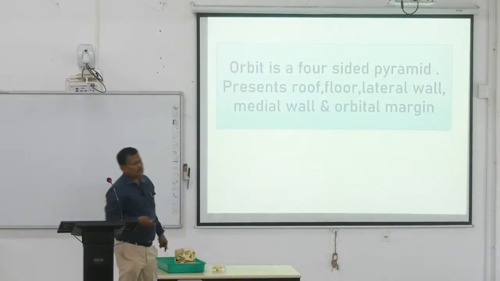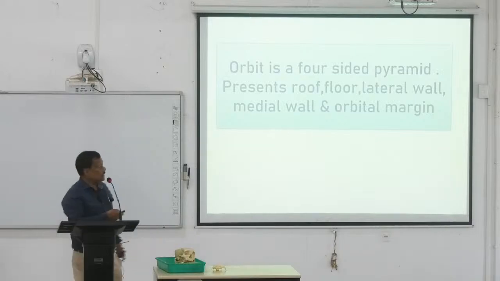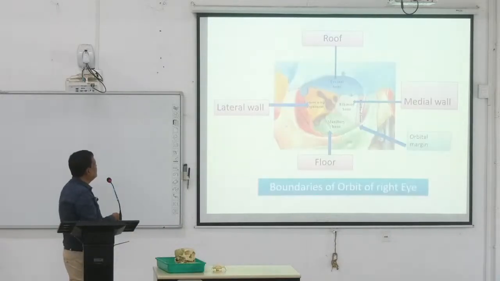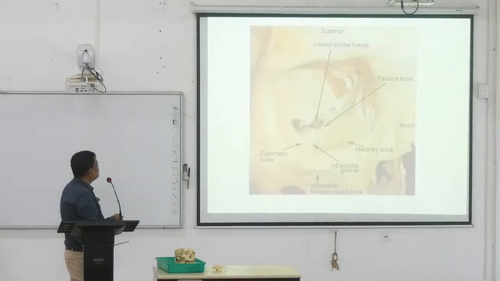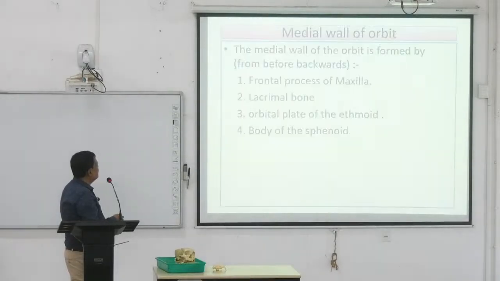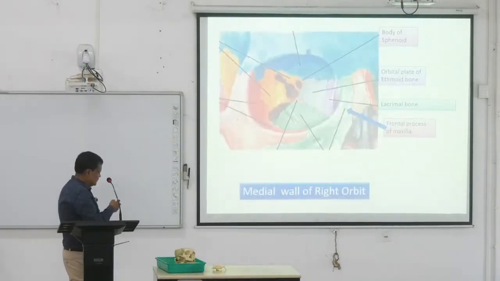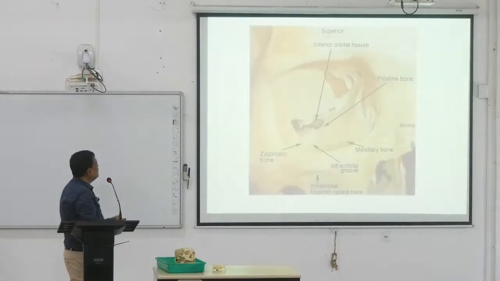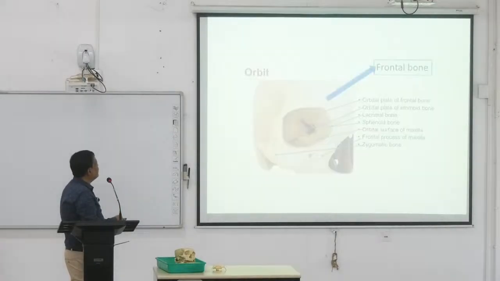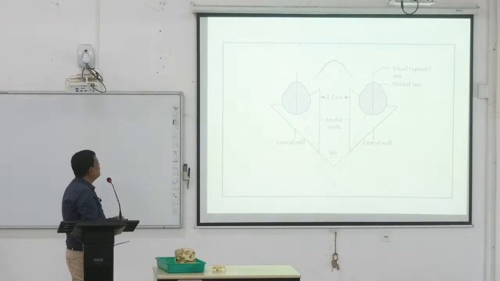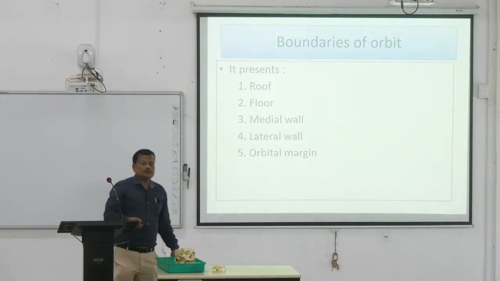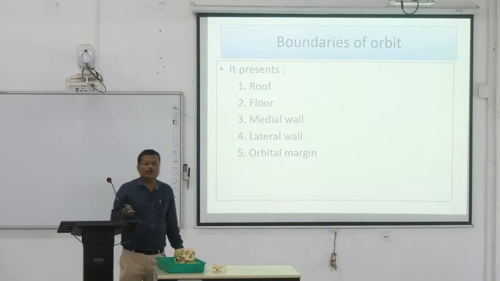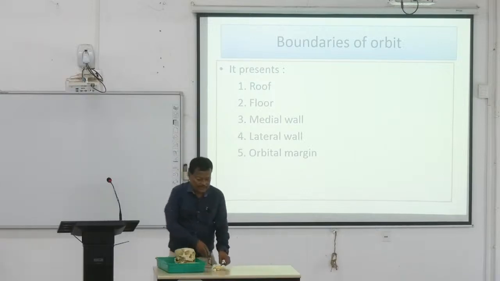এবার একটু বাউন্ডারিটা বলি, খুব ইজি, একবার যদি এটা দেখো হয়ে যাবে। আচ্ছা, একটা একটা করে বলি, এটা অত লেখা আছে, অত লেখা লাগবে না। So orbit has got a roof, floor, medial wall, lateral wall, apex and a base.